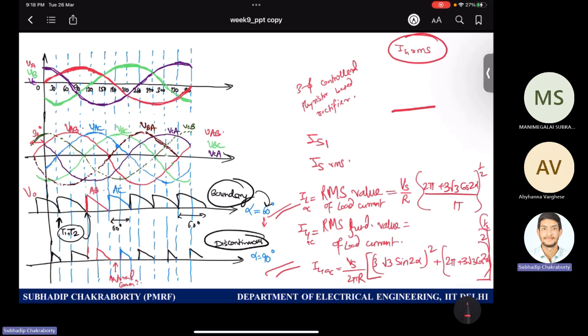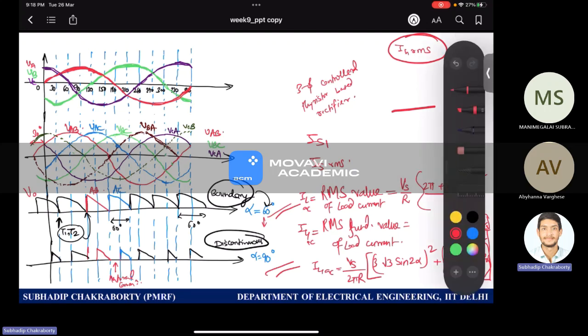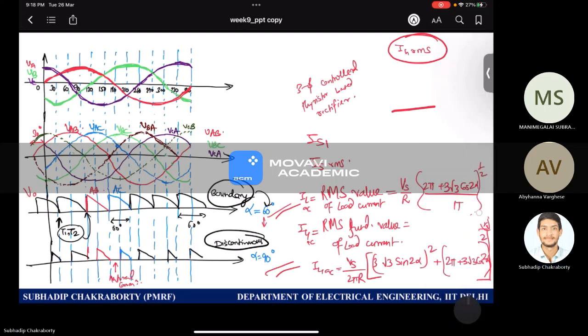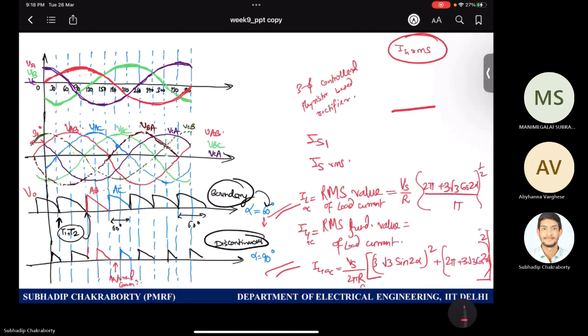So this is half, please note. Or I can write it like this to avoid any kind of confusion. Just let me check.